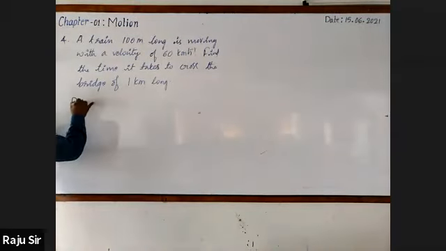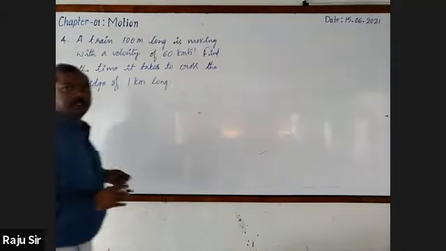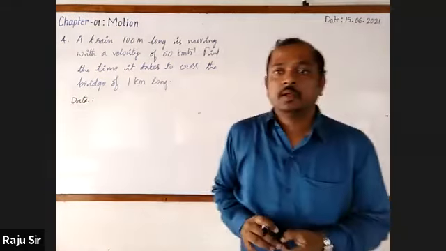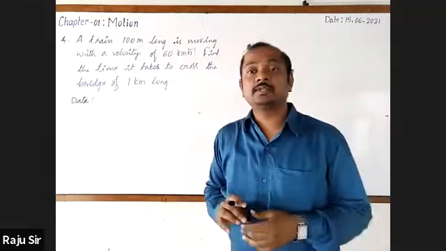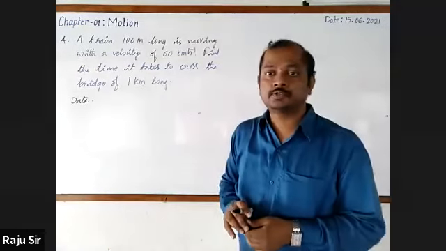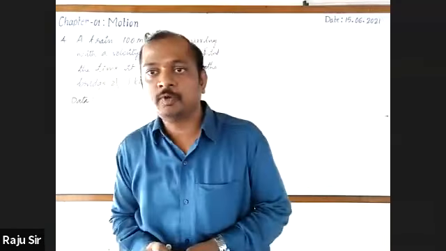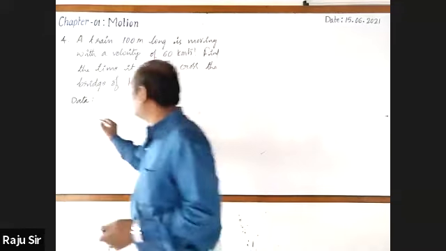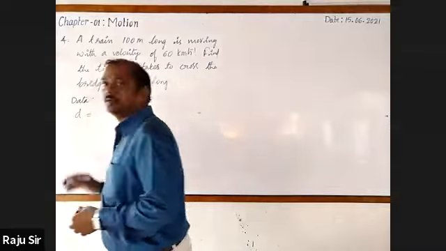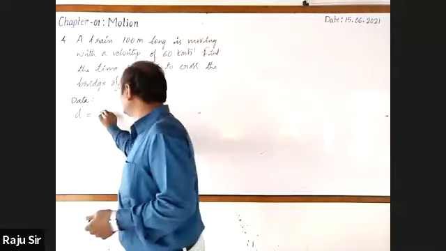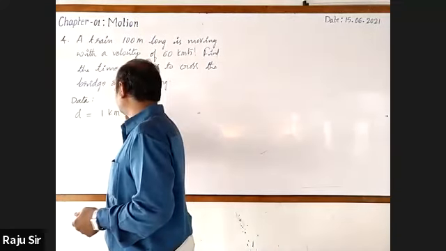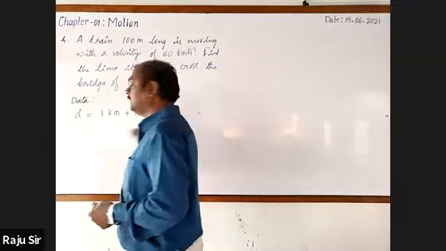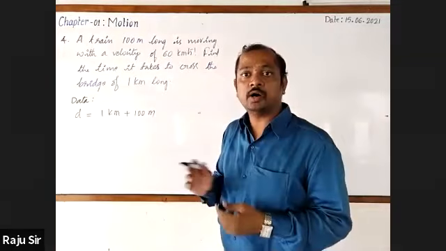Read the data. I am going to take the total distance covered by the train. D is equal to 1 kilometer plus 100 meter. I'll write it all together.